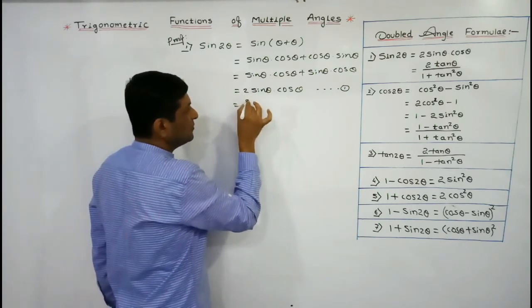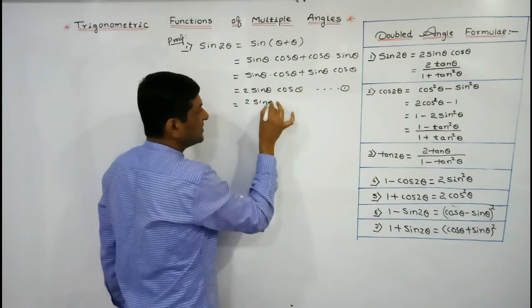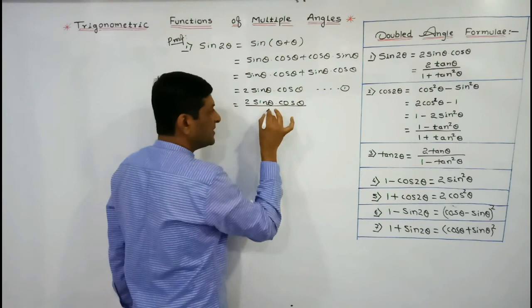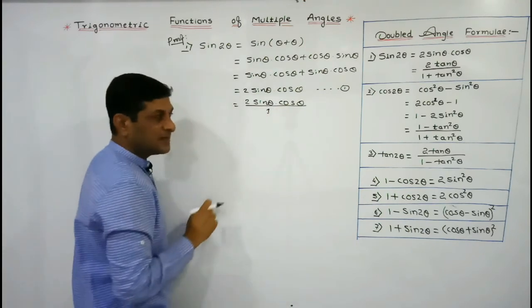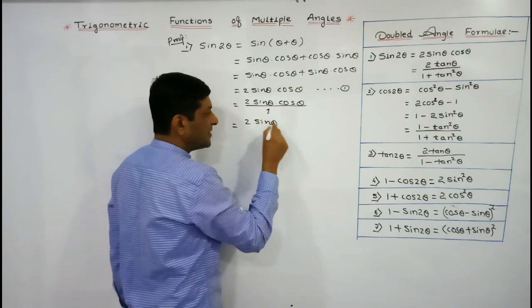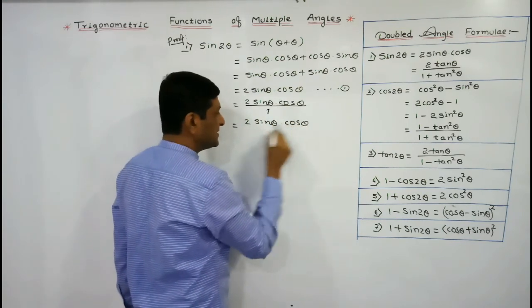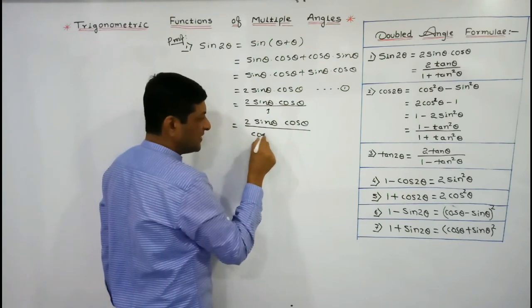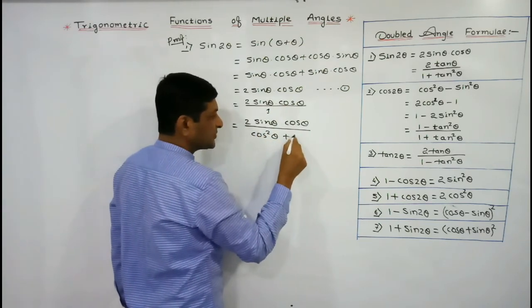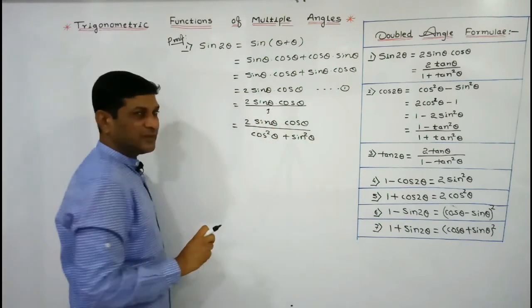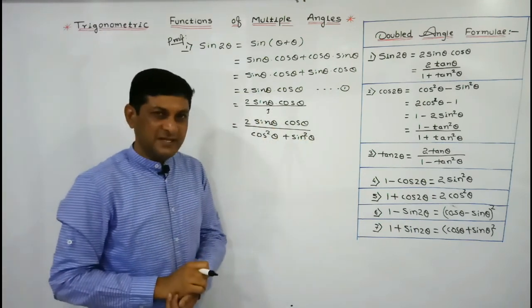So here numerator keep it as it is, 2 sine theta into cos theta as it is. Nothing is there in the denominator, means definitely 1 is always there. So which is equal to, here in the numerator 2 sine theta into cos theta, keep it as it is. Can I say that 1 means cos square theta plus sine square theta? Yes, we know that 1 can be written as cos square theta plus sine square theta, which is an identity in trigonometry.